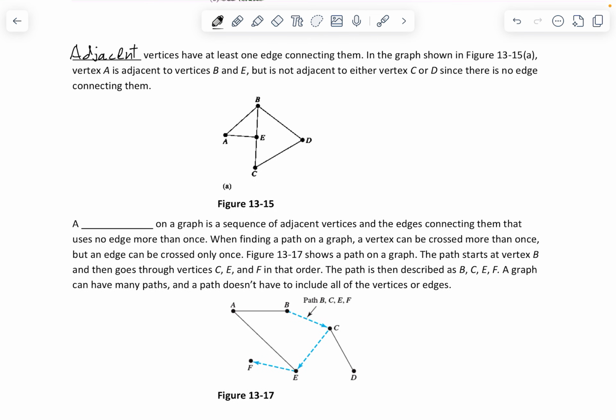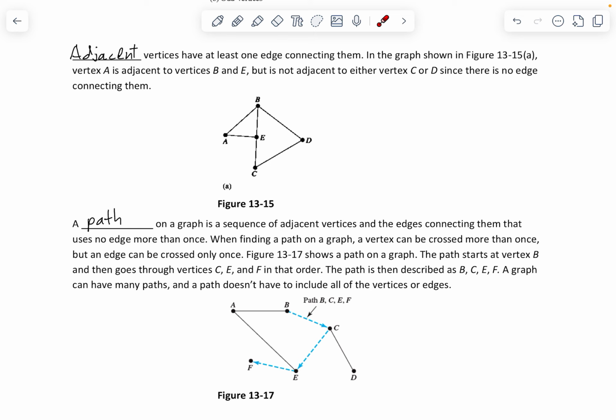Okay, we say that a path on a graph is a sequence of adjacent vertices and the edges connecting them that uses no edge more than once. When finding a path on a graph, a vertex can be crossed more than once, but an edge can be crossed only once. In figure 13.17, this shows a path on a graph.